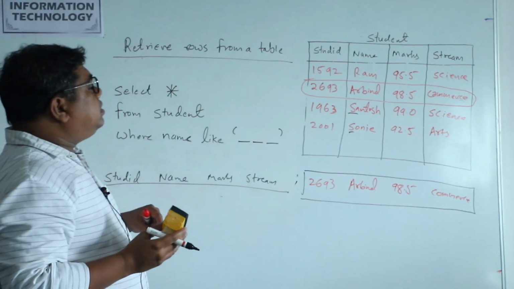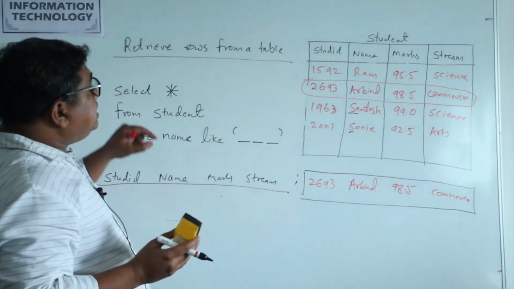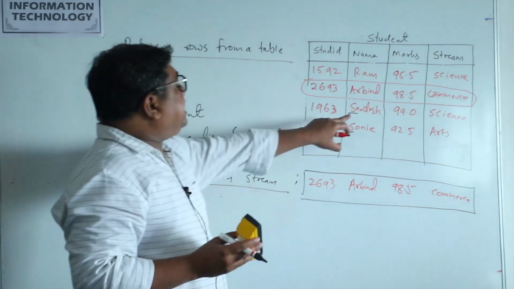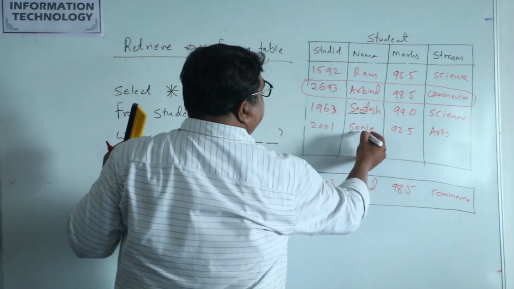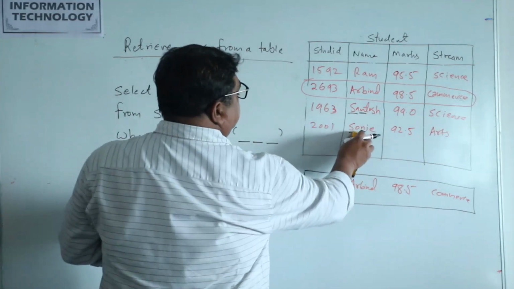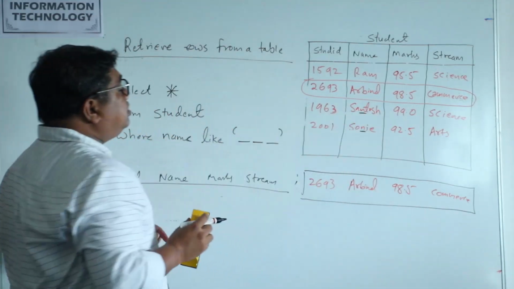Suppose I ask you whose third letter is N. See, this name has third letter N and this one also has third letter N. So how to write this?